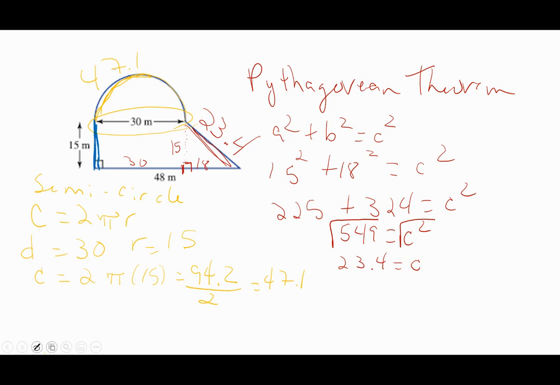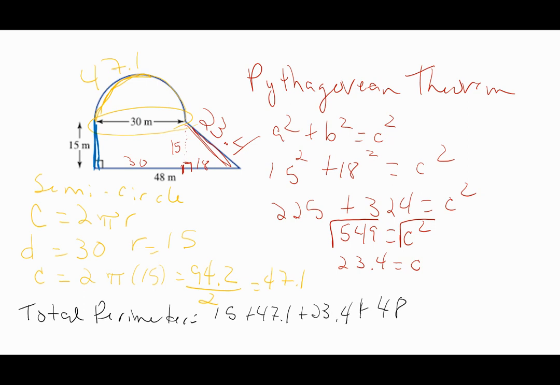So our total perimeter is 15 plus 47.1 plus 23.4 plus 48. Don't use any number that's inside. That would be the 30, the 15. And even though this is 18 right here, we're capturing that whole 18 in our 48.